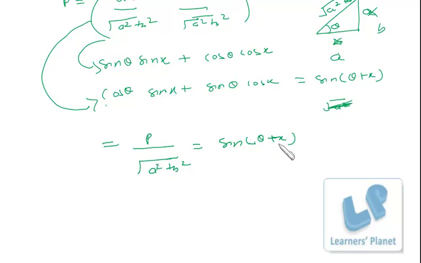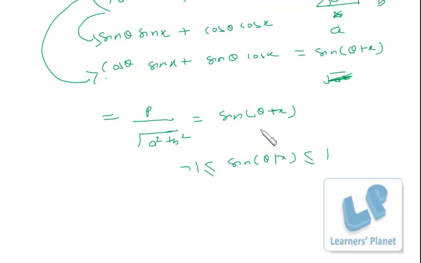Now see, I have already told you the maximum value of the sine function is 1 and the minimum is minus 1, right? So sine of theta plus x is less than or equal to 1 and greater than or equal to minus 1.